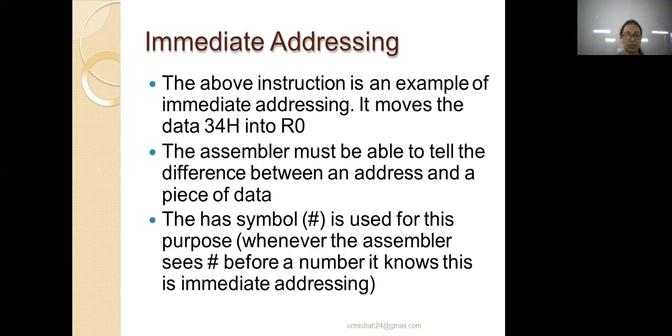So after the hash, whatever data is given to you is directly treated as data, and if the hash symbol is not there then it will be treated as an address.